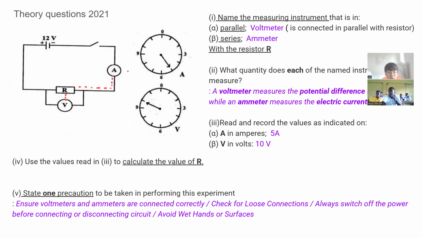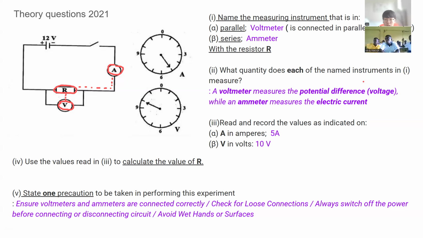And you can see the ammeter, A, is always in series with the resistor. It's next to each other. Voltage is across, which is parallel. And the second question: what quantity does each of the named instruments in 1 measure?